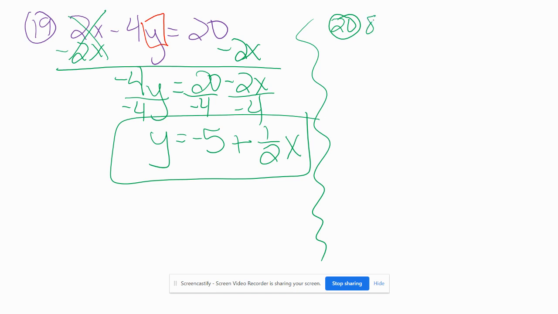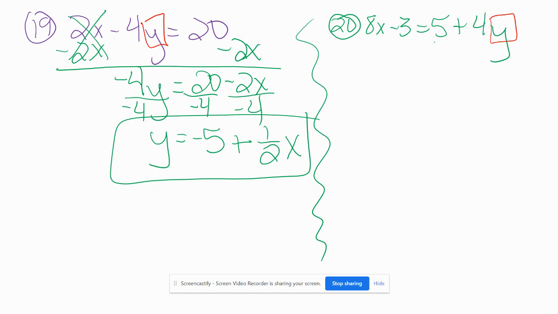Number 20. They're still asking us to solve for y, so I'm going to cement that down. That means that we need to move the 5 and the 4 over here on the right side.